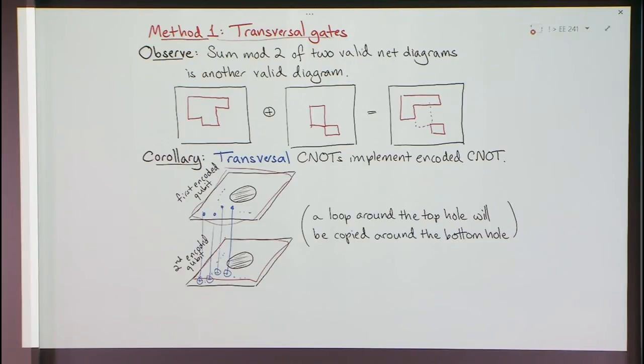So it leaves the code space unchanged. That's good. And furthermore, if you have an odd number of cycles going around this hole, before you apply those CNOTs, that'll be copied into the second one. So now you'll have an odd number of cycles also going around the bottom hole. And so it's flipping the second qubit from 0 to 1 or back, just like a CNOT gate. So this is a CNOT gate on the code space.